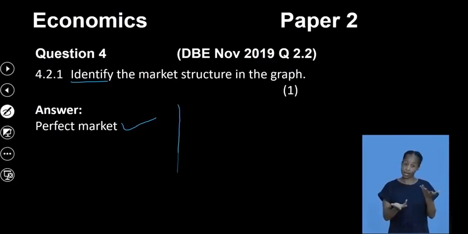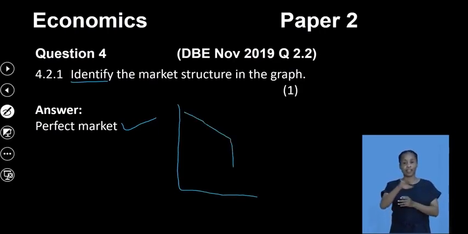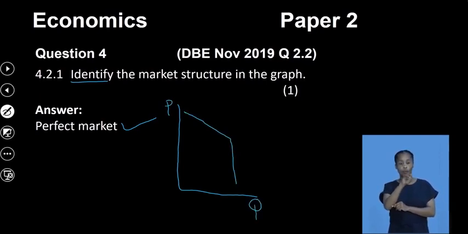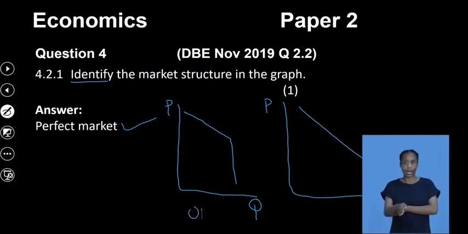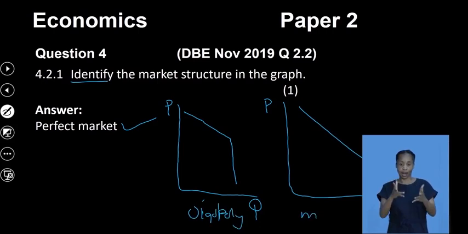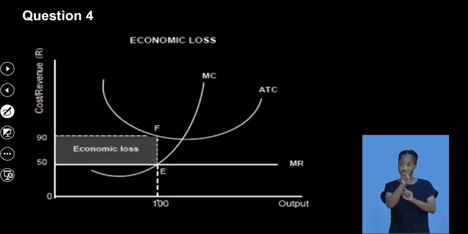If you were given a demand curve like this, you would know that this is an oligopoly. And if you are given a demand curve like this, then you would know that this is a monopoly, because of the nature of the demand curve. The demand curve of a monopoly is downward sloping, this one is oligopoly, and this is monopoly. That's how you identify your market structures. Just keep that in mind, in case you come across such a question in the exam.